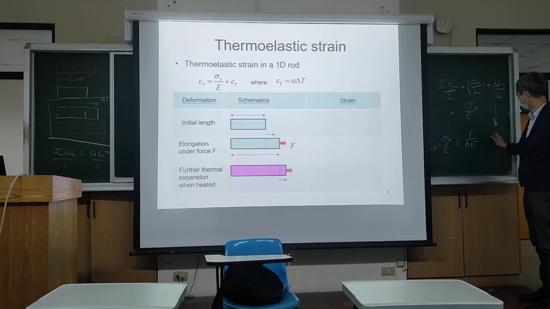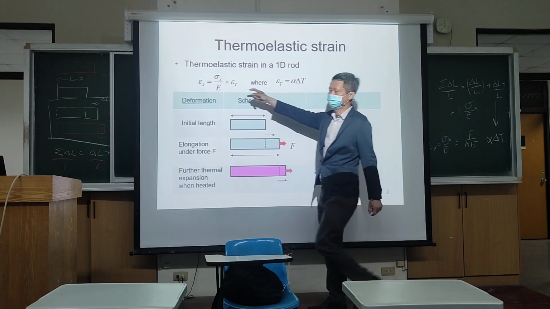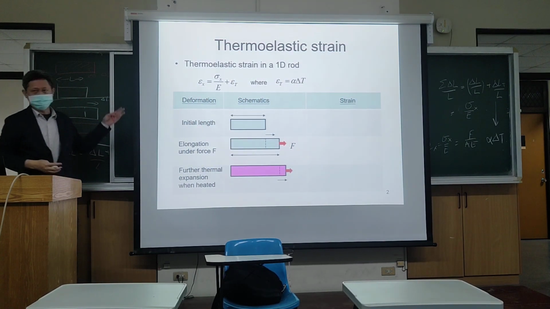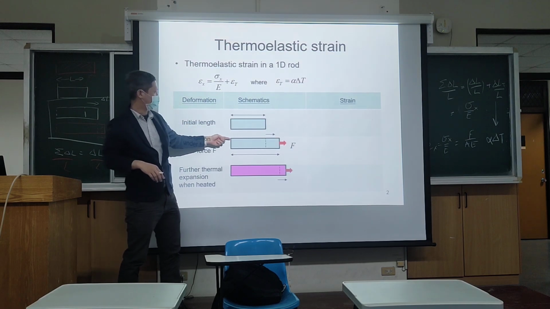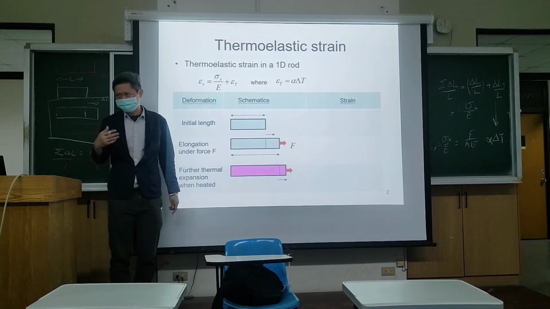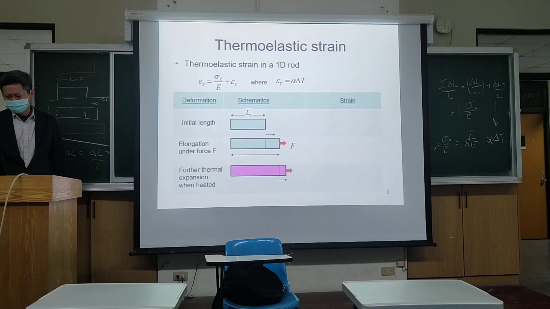Then this is simply thermal expansion coefficient times temperature rise. Okay. So this equation is a 1D thermoelastic strain. One is caused by the external force, the other one is caused by the free thermal expansion.